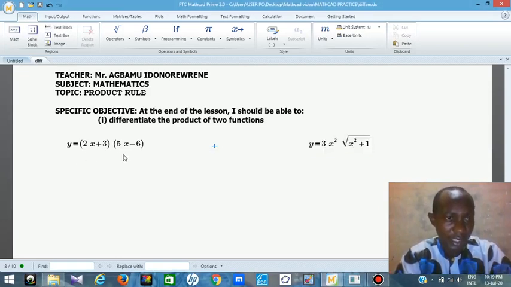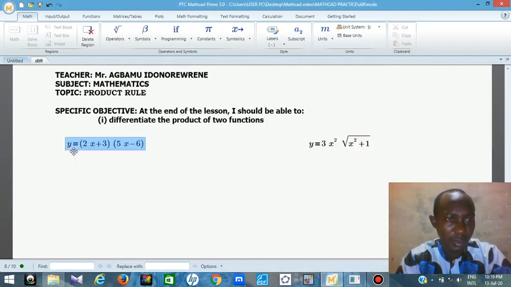So let's look at this. This is what product rule says we should do. Let me put it in a statement so that you can get it well.